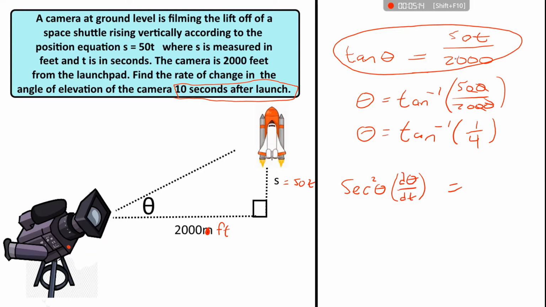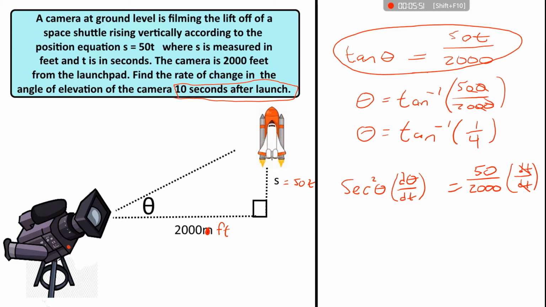If I derive 50 over 2000 times t, what will happen? 50 over 2000. Perfect. That's just a constant times my variable, so when I derive it, I just get my constant. If you want to think about it this way, I would get dt over dt with the chain rule, which would cancel.